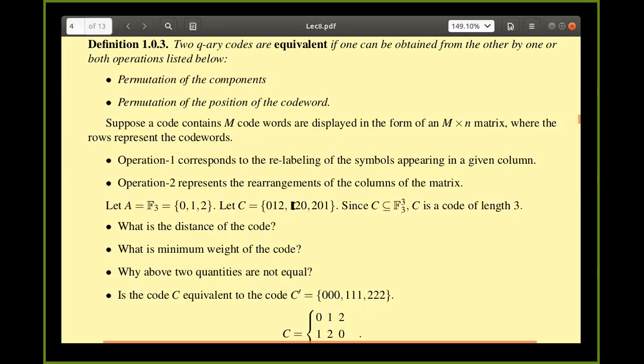Then 0, 1, 2. Now 1 should not come here, so I make it 2, right? 2 is here, I make it 0, right? So like that I made it. So what is the distance of the code? Again, one more time. It is 3. You take any two of them, the distance is 3. That is why this question. What is the minimum weight of the code?